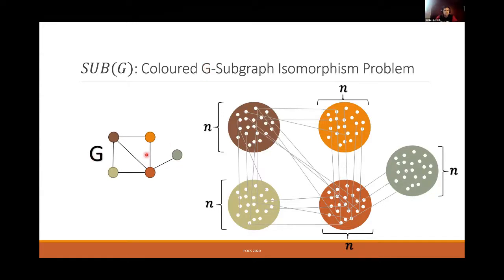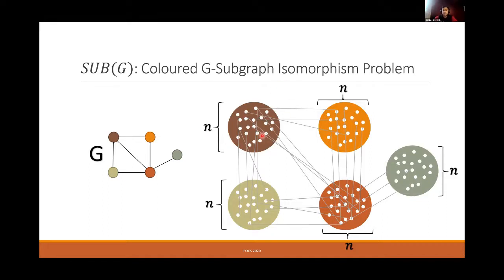So say you have a graph G. In this problem sub G, you're given as input a graph which is known to have the following structure. All vertices in this input graph belong to one of these color classes. There's one color class corresponding to each node of G, and all the edges in this graph go across color classes, corresponding to an edge of G. And every color class contains at most n nodes.